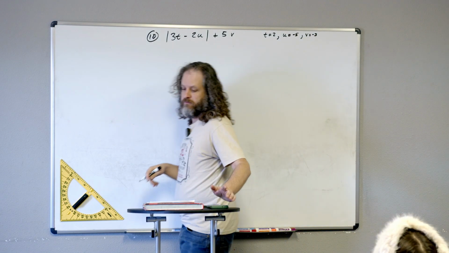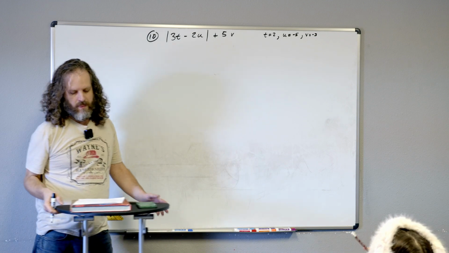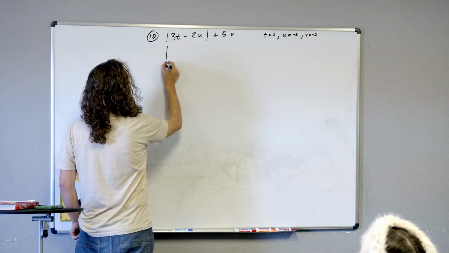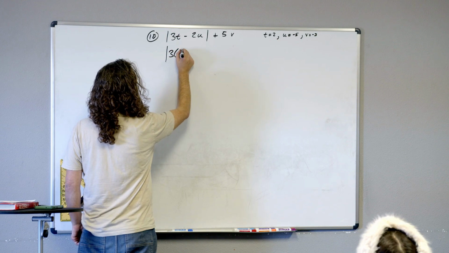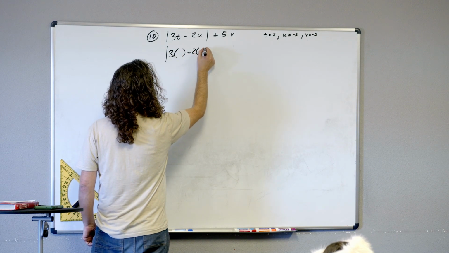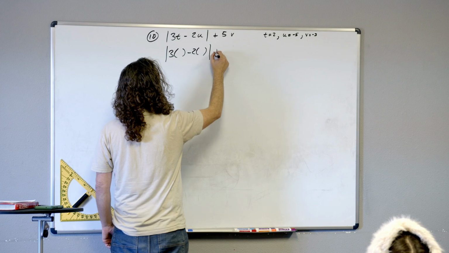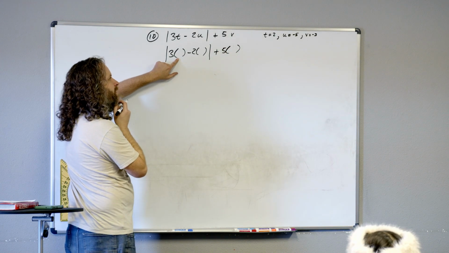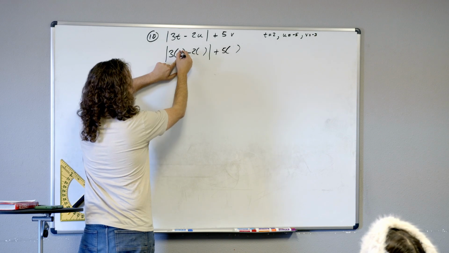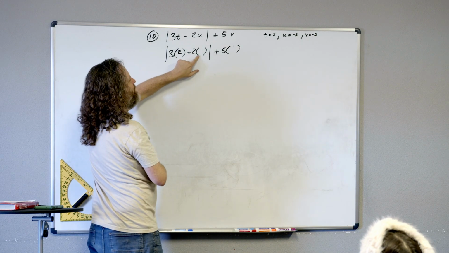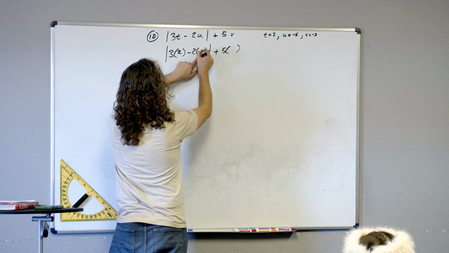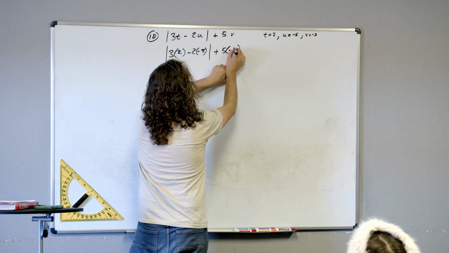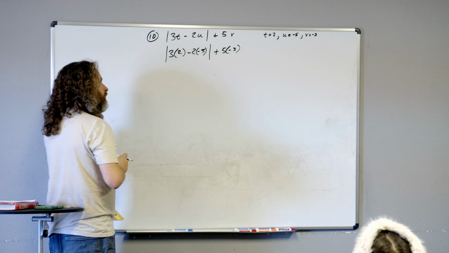So what do we do? Replace all the values. I'm going to substitute numbers where the letters are. What's going to go right here? 2. And then 6 in a minute. What's going to go right here? -5. And then right here? -3.